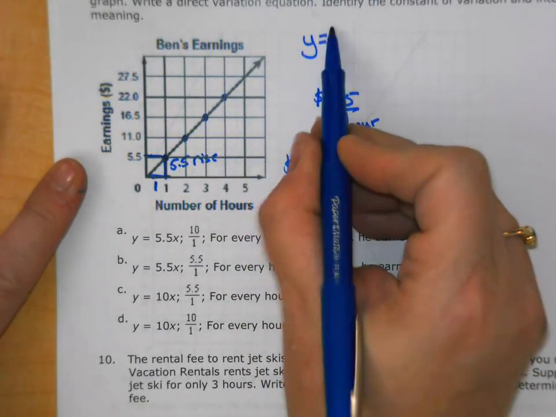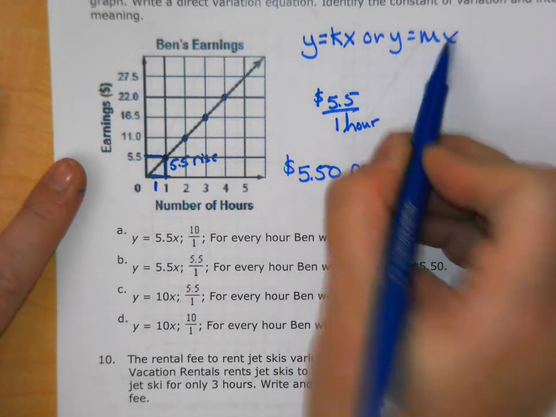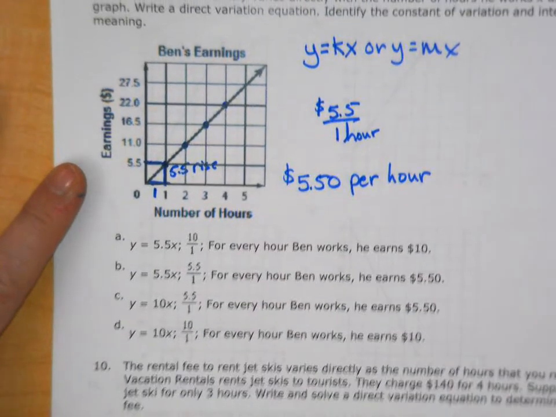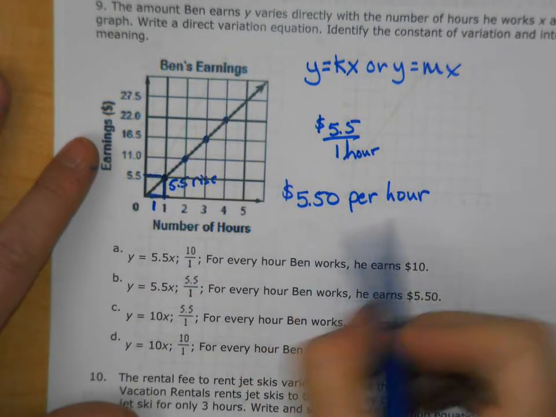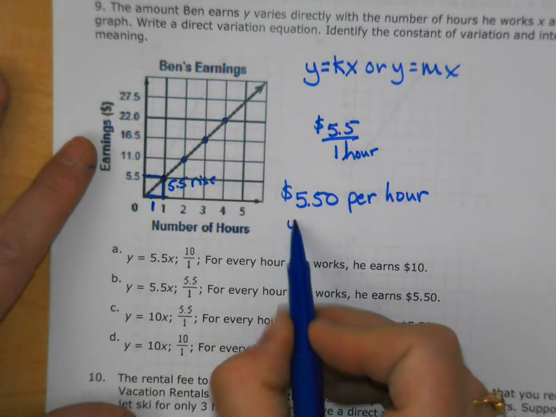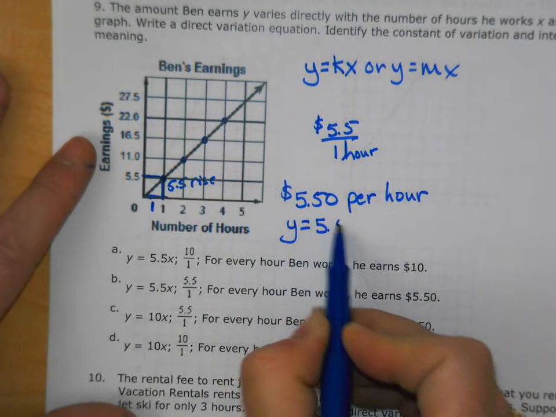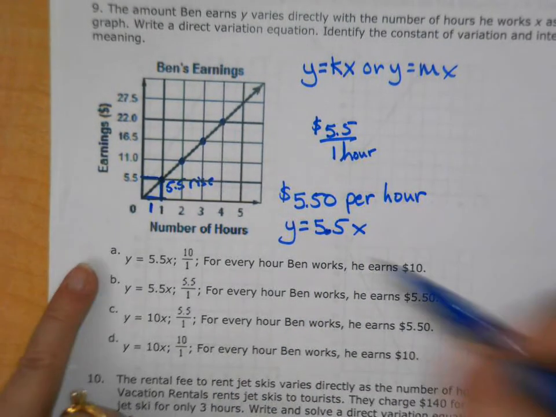And in a direct variation, my equation is y equals kx, or y equals mx, same thing, whereas your slope and k are the same in a proportional situation, and your k and your m are your unit rate. So my equation would be y equals 5.5x.